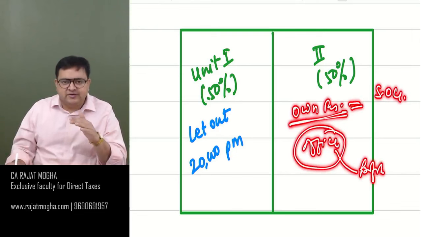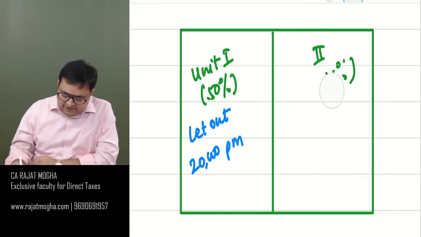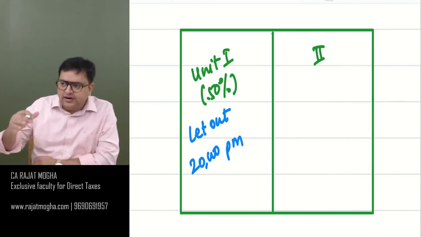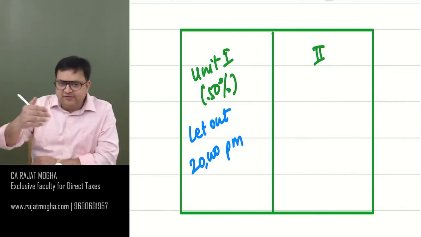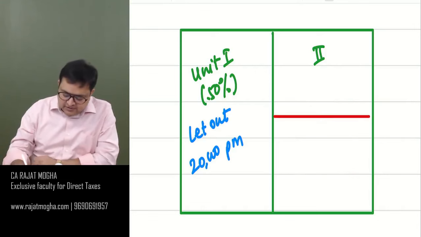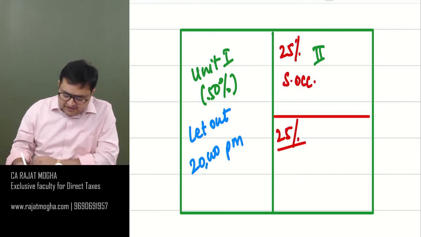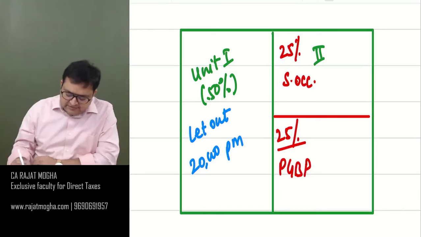So if they have not given the split, and they are saying the second half is used for residence and office, I should make an assumption that this 50% is divided into two parts, 25-25. 25% is used as residence, that is self-occupied property, and 25% is used in business and profession.